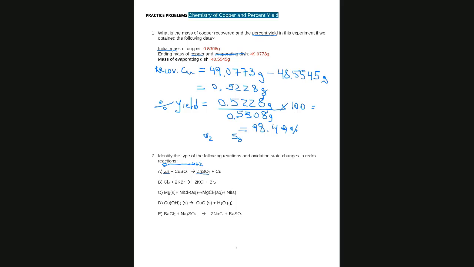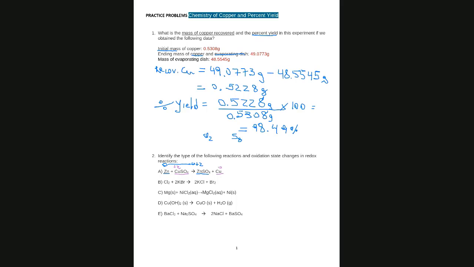Let's look at the copper. What is the oxidation state of copper in copper sulfate? Thank you, very good, it's +2. And what is the oxidation state of copper as a free element? 0, thank you.